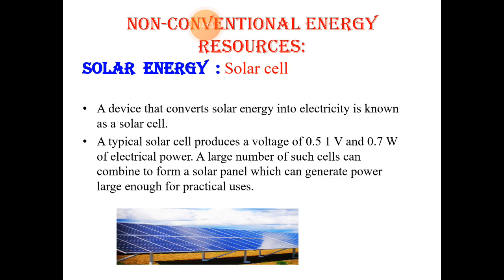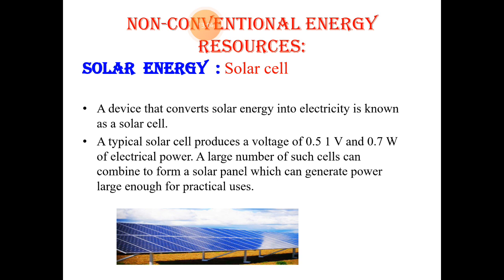The next example is usage of solar energy in solar cell. What is a solar cell? It is also called a photovoltaic cell. It is a device that converts solar energy into electrical energy or electricity.